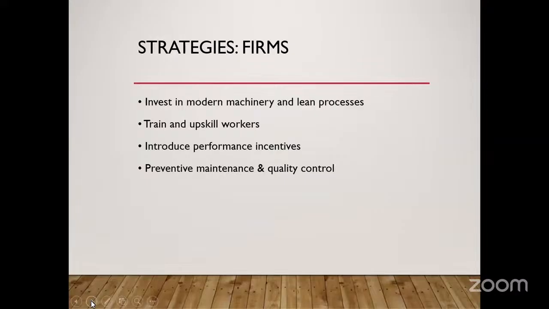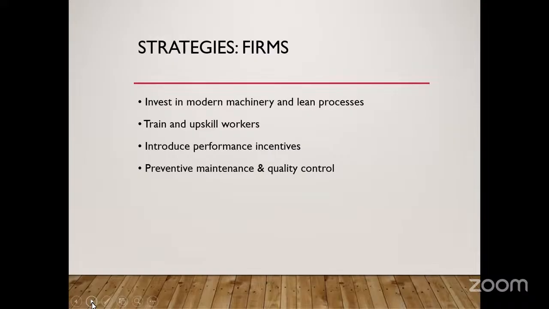So we have identified the strategies in different aspects. The first one is firms. When it comes to firms, they can invest in modern machinery and lean processes, and train and upskill workers, as we have identified so many labor inefficiencies.